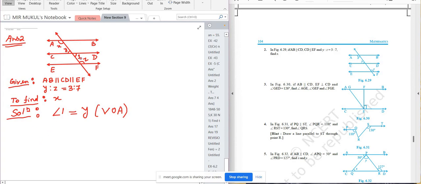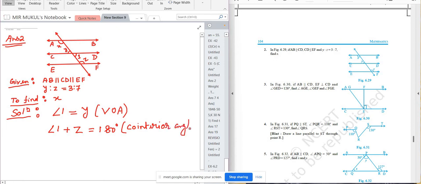Now, again, angle 1 plus z will be how much? 180 degrees, because they are co-interior angles, and we know that the sum of co-interior angles is 180 degrees.